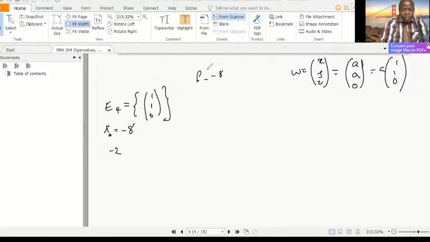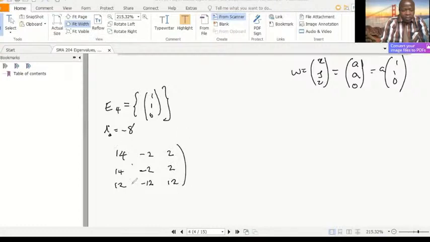Let me just correct that. That would be 14. And this other one would be negative 2, then 2. This other one would be 14, just like adding 8 along the leading diagonal. So this would be negative 2, and this would be 2, and this would be 12, negative 12. Add 8 here, this would be 12.